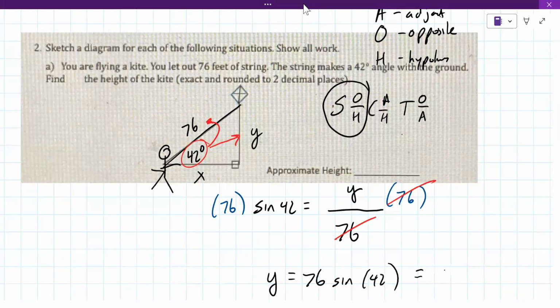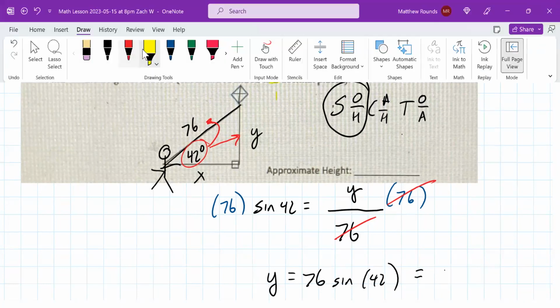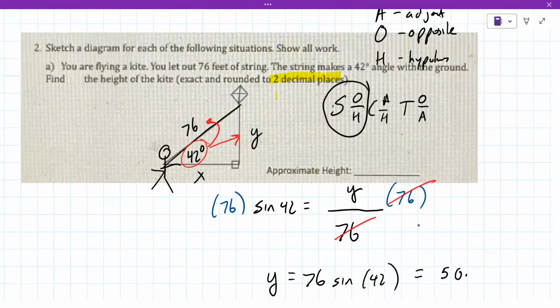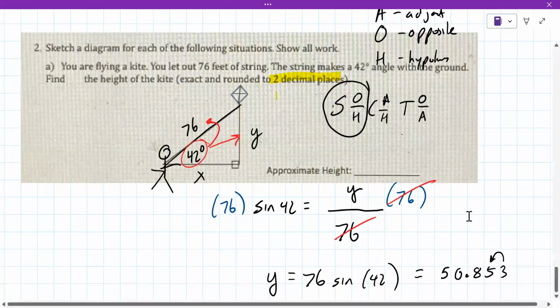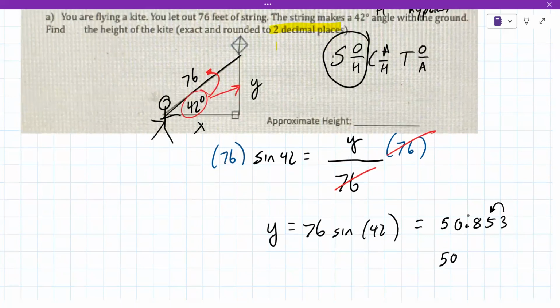Two decimal places. 50.1 is one decimal place. So you've got to go to 50.83. You go to the third one, and then you decide whether that three rounds the five up or down. Oh, down. 50.85. Yes, 50.85.